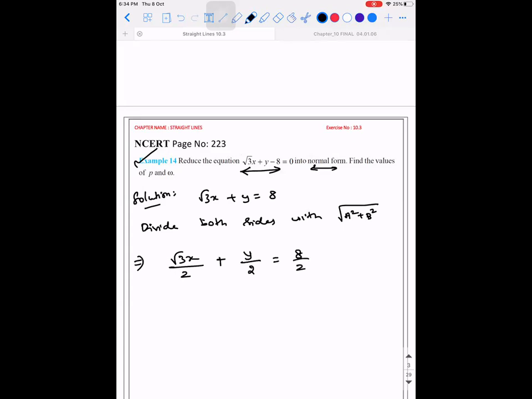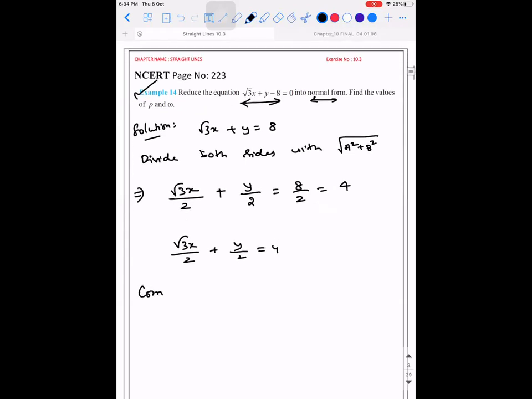Did you understand why I got that 2? Is everyone clear with why I got the 2? Yes, sir. So root 3x by 2 plus y by 2 is equal to 4.